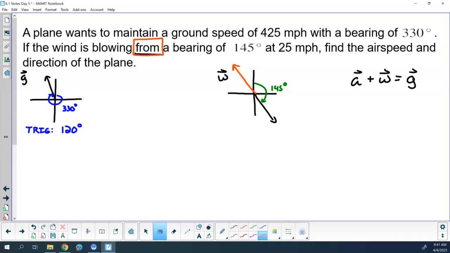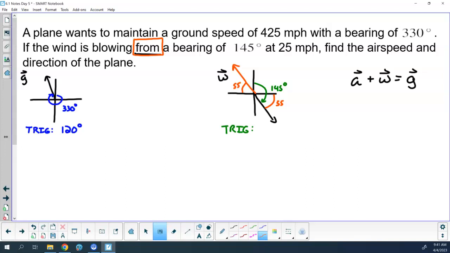So what is the actual trig angle here? What's this angle down here? What's that reference angle? 45? 55, right? That means that this angle right here is its vertical pair.